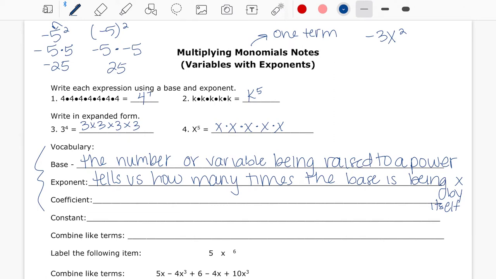Our coefficient is a number in front of a variable. And a constant is just a number by itself.